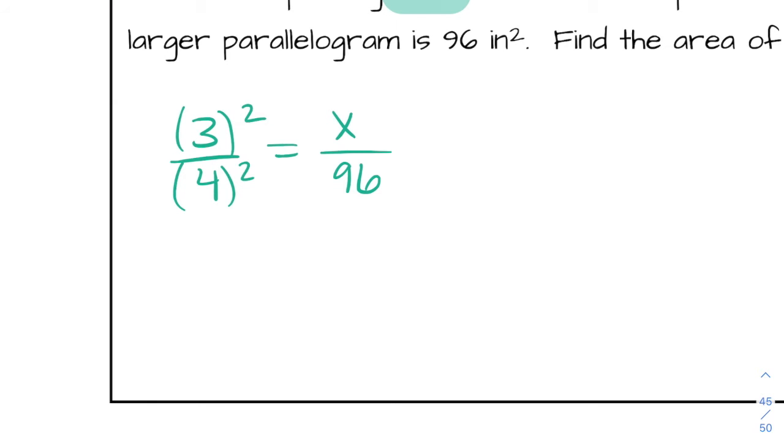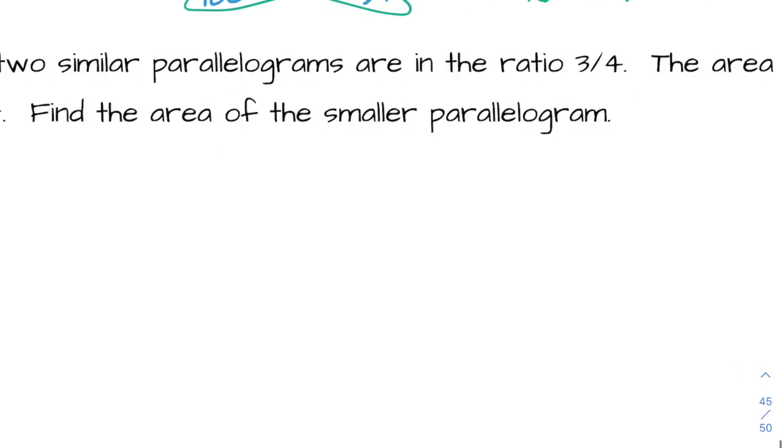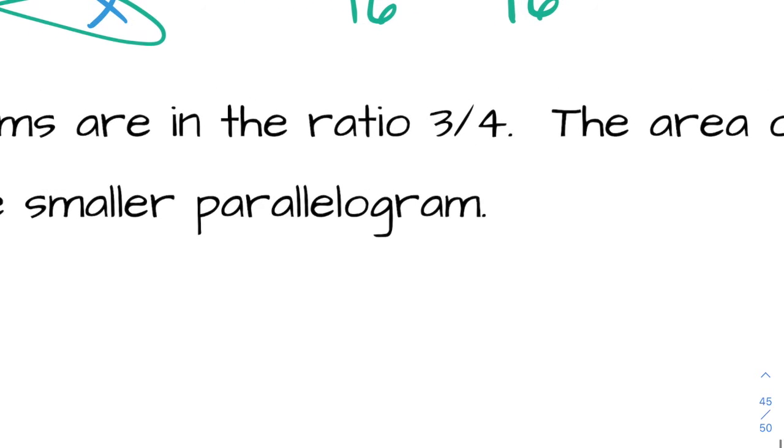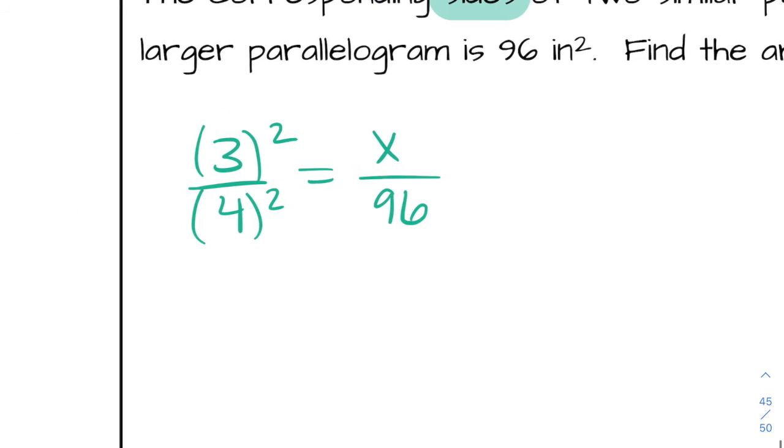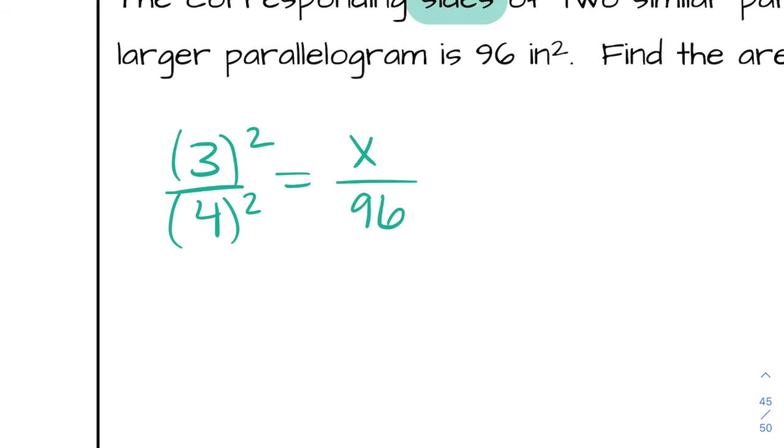We know that whatever units they are, if it's 3 to 4, 6 to 8, 9 to 12, whatever that combination might be, it's been reduced to 3 to 4. And the area of the larger is 96. So this is area. That's already been area because inches squared, and now this is turning into an area because I am squaring it.